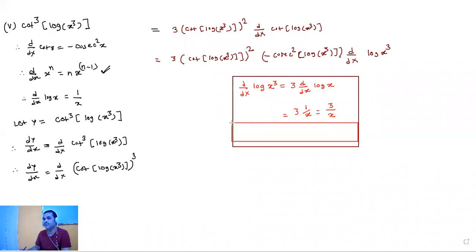And the final answer here in this case is d by dx of log of x cube is equal to 3 by x. So this we will certainly substitute. This is for explaining in detail. So x cube here. Okay, so 3 by x, that we will substitute. Right.